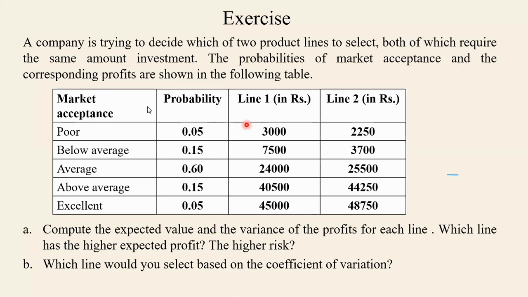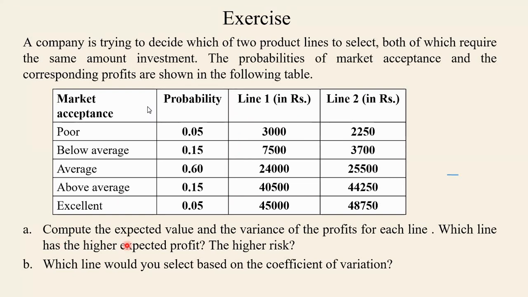If they want to earn 7,500 profit from line 1, the chance is 0.15. But similarly, for line 2, if we want to earn 3,700, then the chance is 0.15. Similarly, for each and every line, there are profits and the corresponding probabilities.